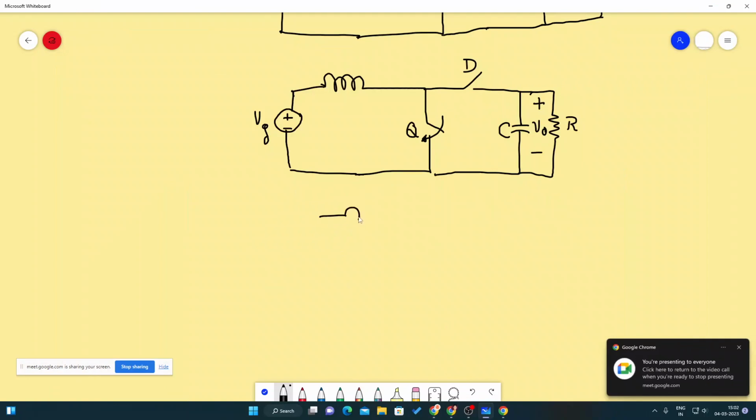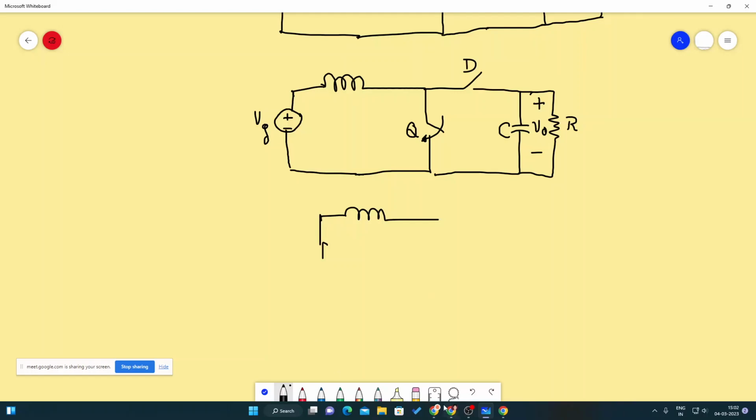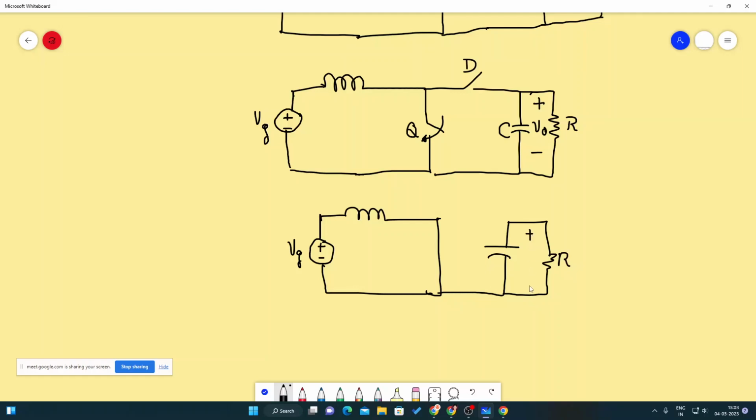Voltage source and inductor, and there is the source VG, and it is shorted, and here there is a capacitor and the resistor R, with plus minus V out across C. If we consider the inductor, this is the current IL flowing through the inductor and the voltage across the capacitor is V out.